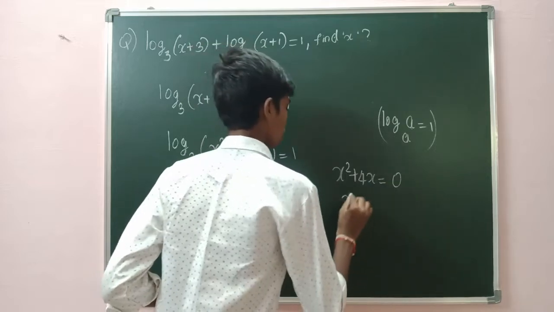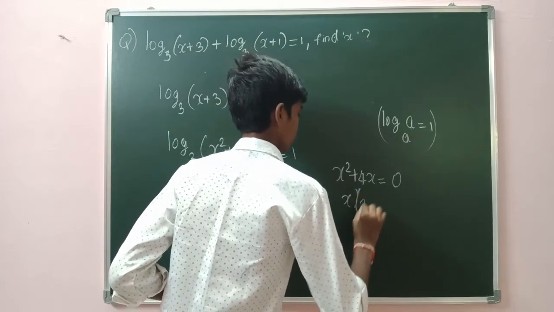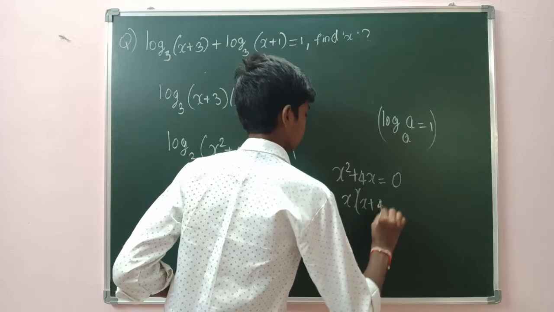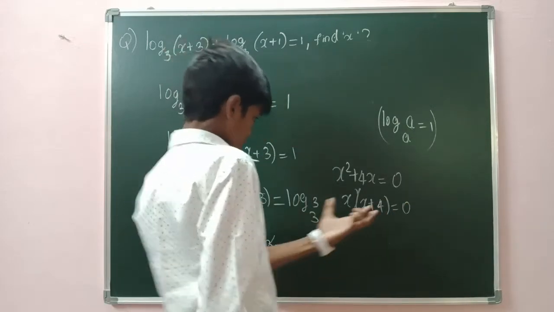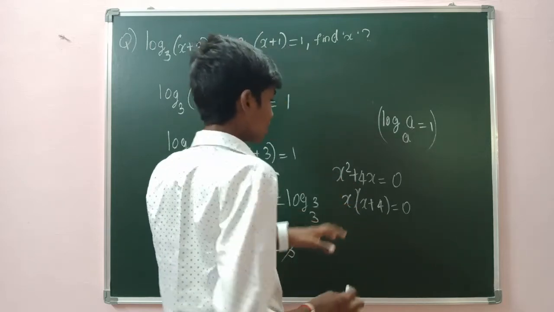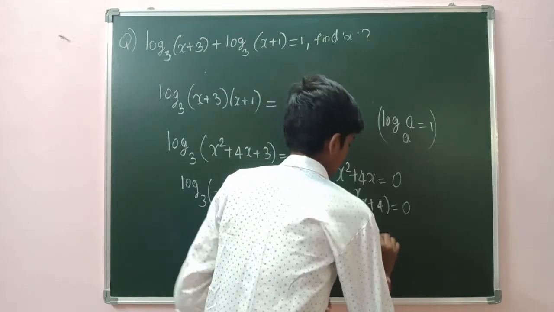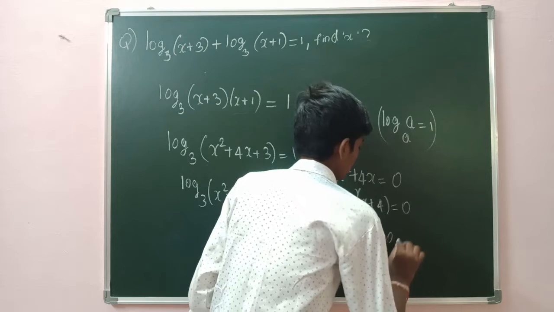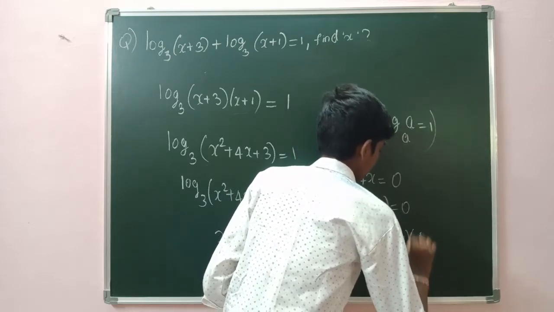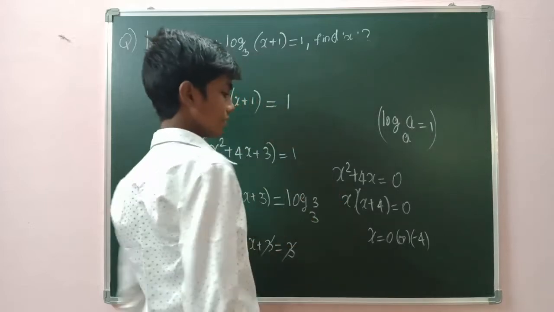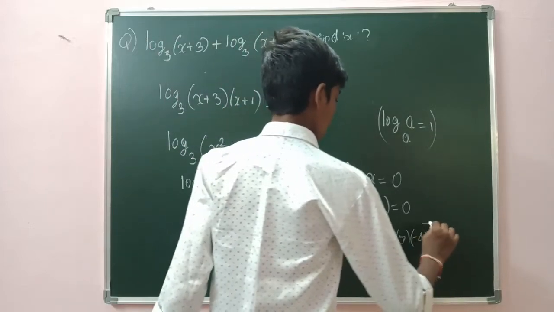Now take x common, we get x into x plus 4 equal to 0. So from this, the solution of this quadratic equation is x is equal to 0 or minus 4. Correct now? That will be the solution of this particular equation. So x is equal to 0 or minus 4.